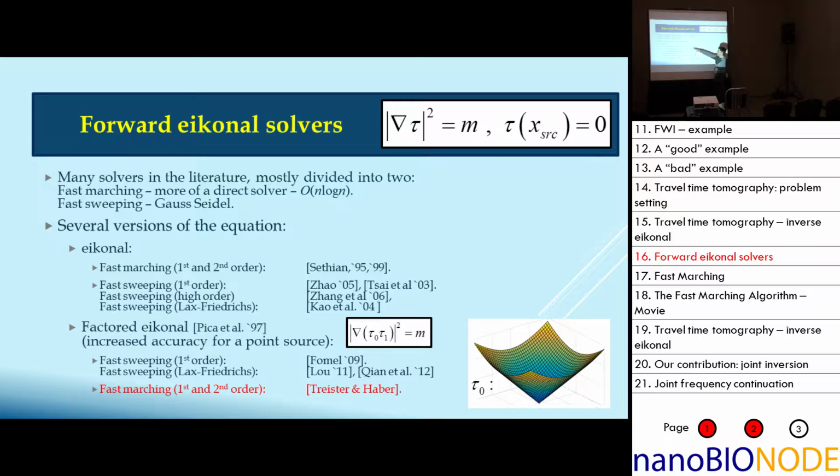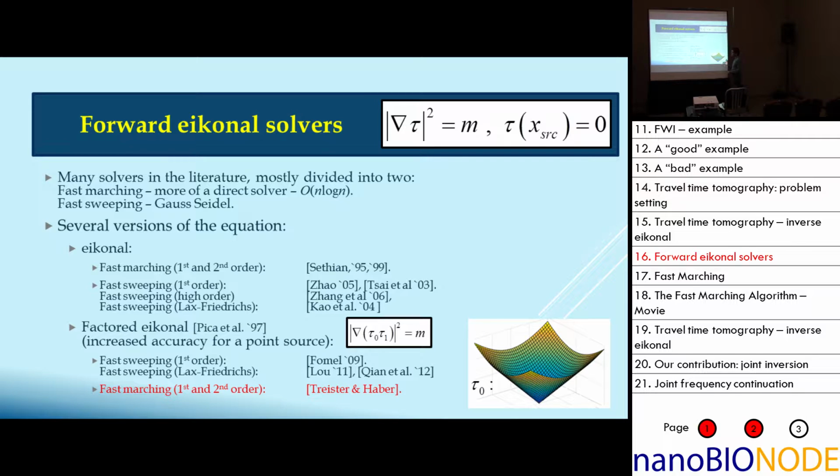And this is what the fast marching method by Sethian was developed for. But people have realized that because we have a point source, the solution is not accurate because of the singularity of the source. So this is a solution for a constant medium, and we have a singularity at the source, and this pollutes all our numerical solution.